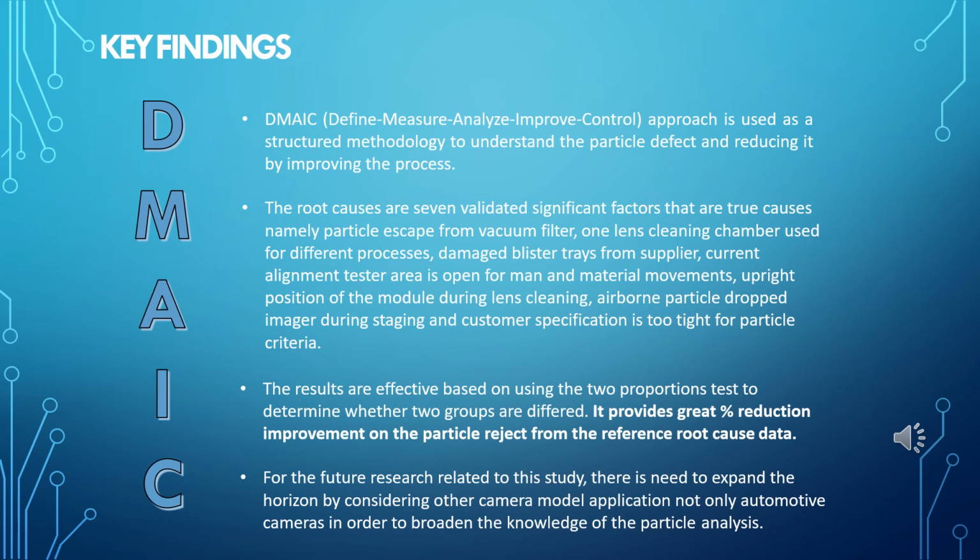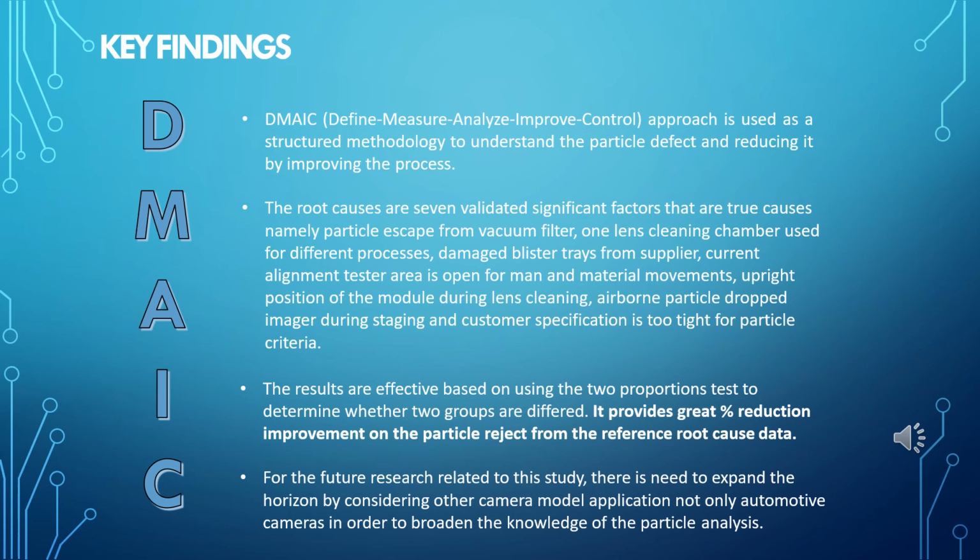Second key finding, the root causes are 7 validated significant factors that are true causes, namely particle escape from vacuum filter, one lens cleaning chamber used for different processes, damaged blister tray from supplier, current alignment tester area open for man and material movements, upright position of the module during lens cleaning, airborne particle trap in imager during staging, and lastly, customer specification too tight for particle criteria.